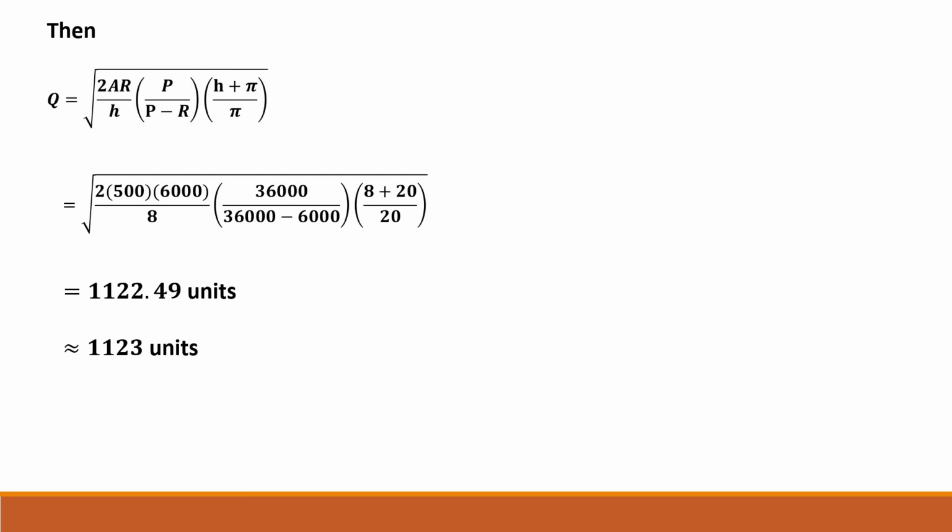Then production quantity Q is equal to square root of 2AR upon H into P upon P minus R into H plus pi upon pi. Substituting values of inventory parameters, we get optimum production to be 1123 units.